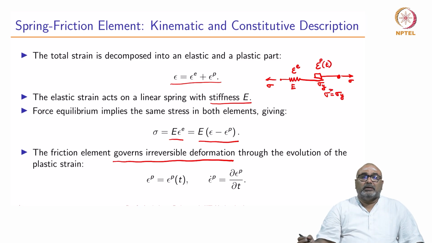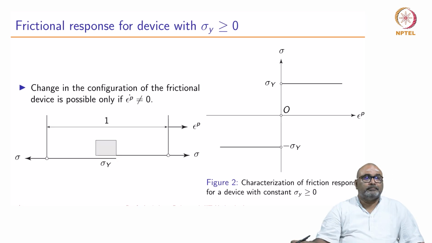The plastic strain is the permanent deformation, and that constitutes the slip that is happening in the frictional device. So, epsilon p is a function of time, and epsilon dot p is given by dou epsilon p by dou t. Now, the change in the configuration of the frictional device is possible only when epsilon dot p is not equal to 0, when sigma y is greater than 0.